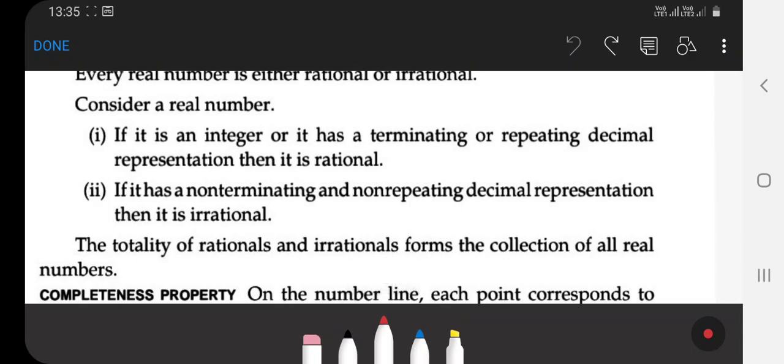If it is an integer or it has a terminating or repeating decimal representation, then it is a rational number. We know that if the number has a non-terminating and non-repeating decimal representation, then it is an irrational number. Clear, students?